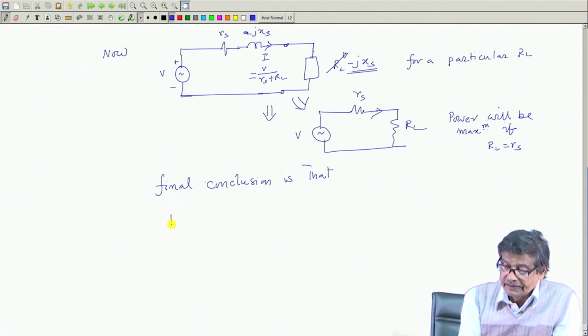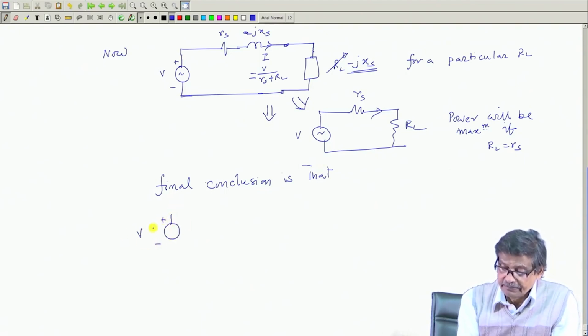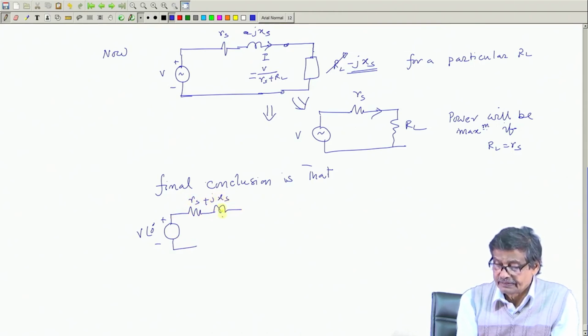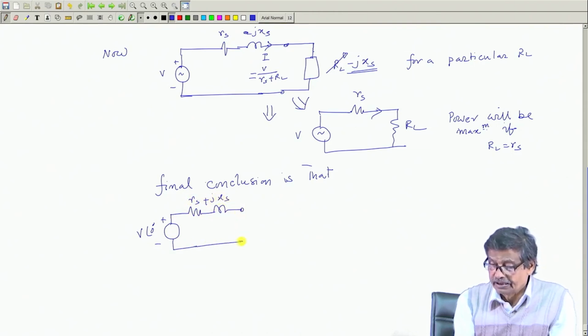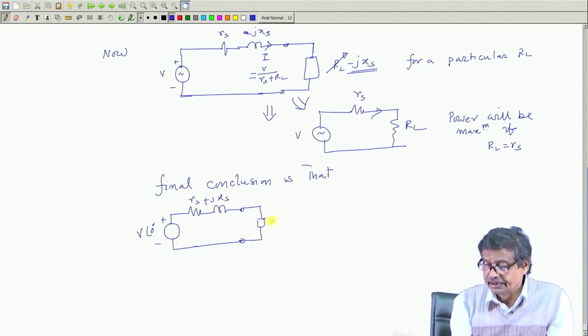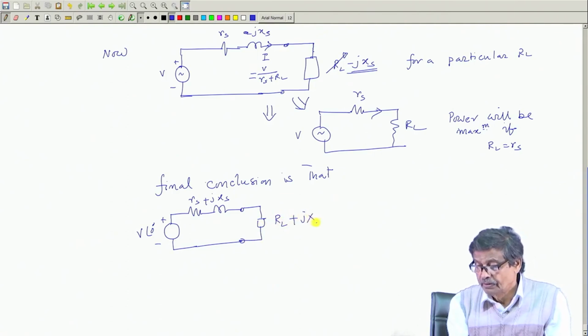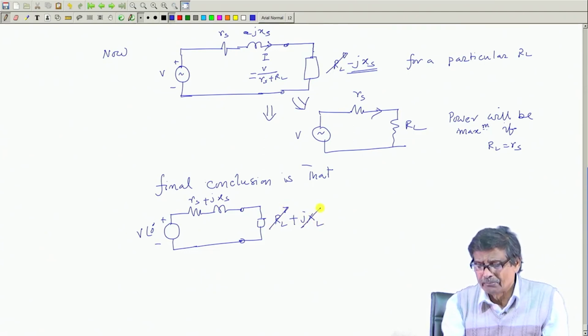in a circuit, I draw it, this is the AC supply V at 0 degree, whatever it is, source impedance RS plus jXS. These are the two terminals where I am connecting the load, and now I will vary both load and source impedance simultaneously.